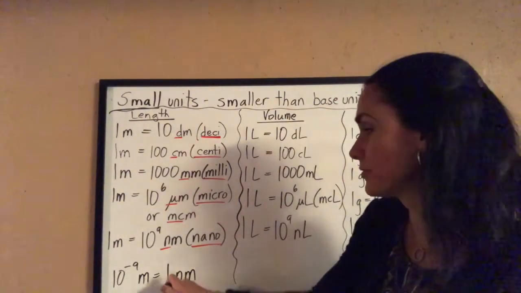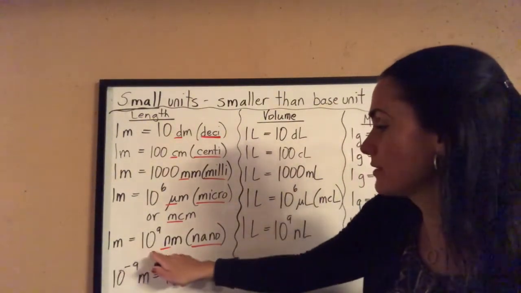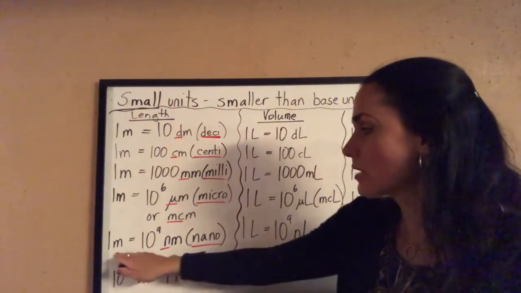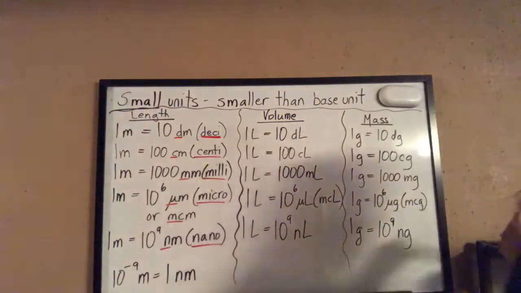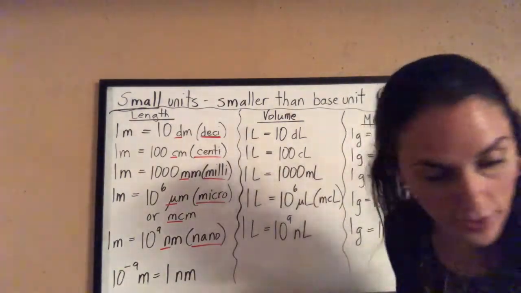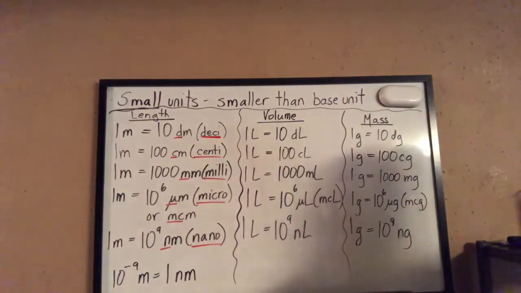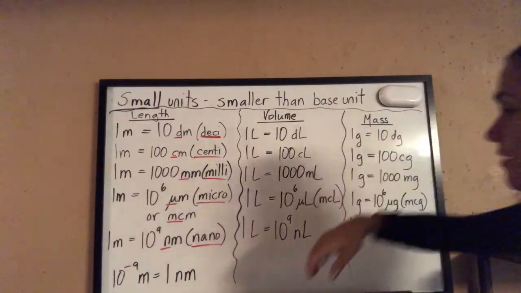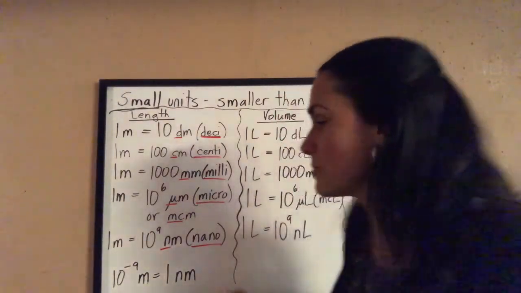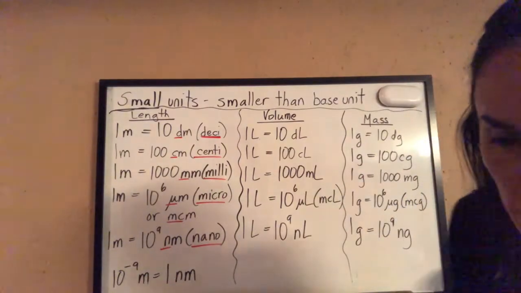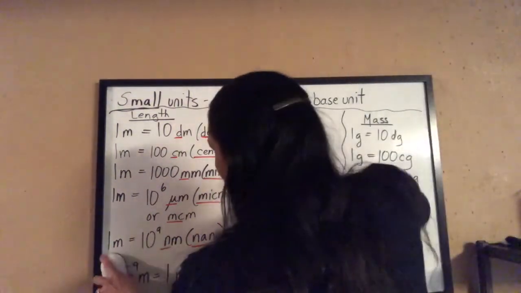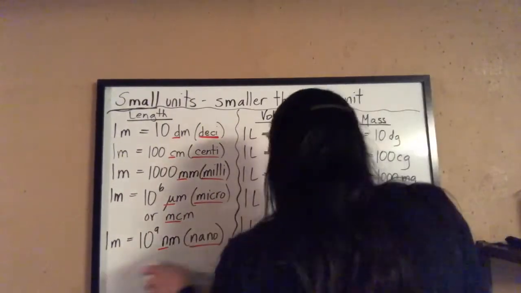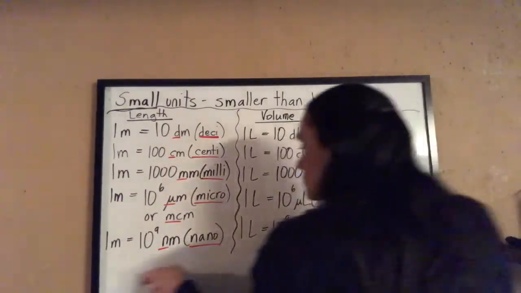Okay, reciprocal. 1 meter equals 10 to the 9th nanometers. So I have it presented to you with positive exponents, because I know in teaching this, the negative exponents throw people off. Most people, maybe not all. Maybe you learned it this way and you've mastered it that way, and that's fine. But I have it written as equalities for a reason, for when we go ahead to do conversions. Okay?